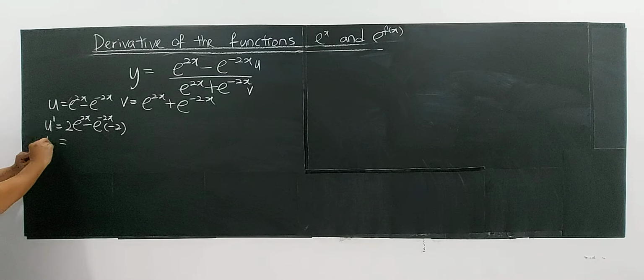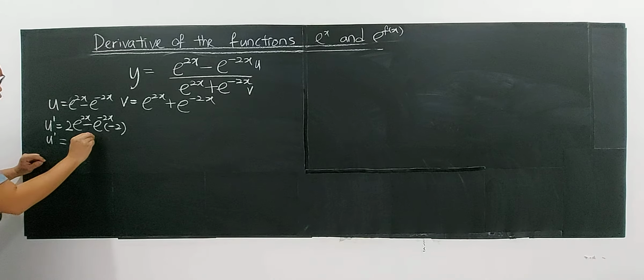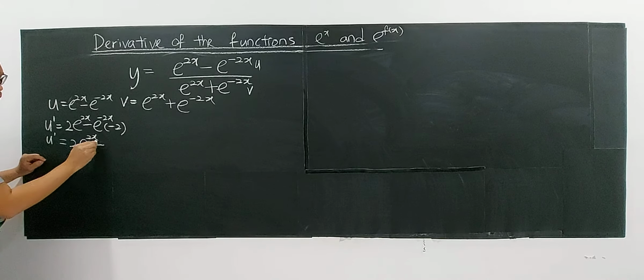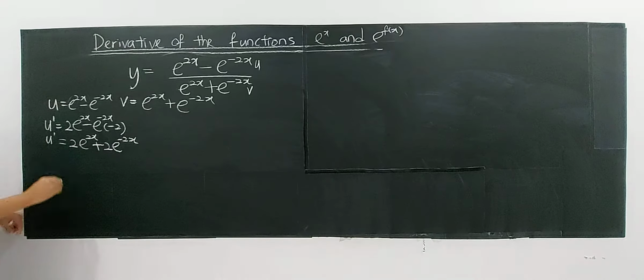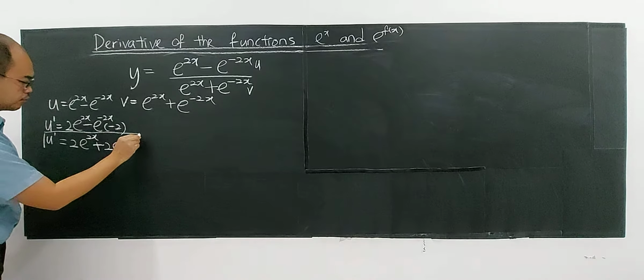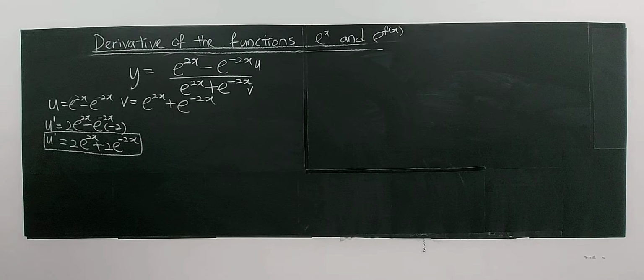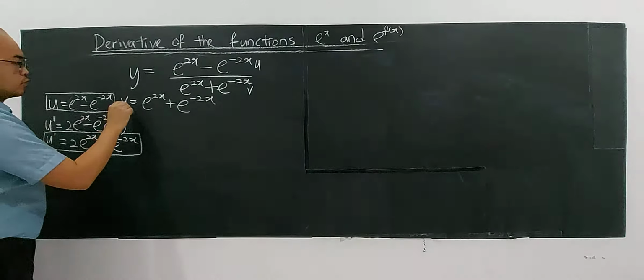So you will have u prime equals 2e to the power of 2x, negative negative, positive, 2e to the power of negative 2x. This is your u prime, and this is your u. So now let's look for v prime.